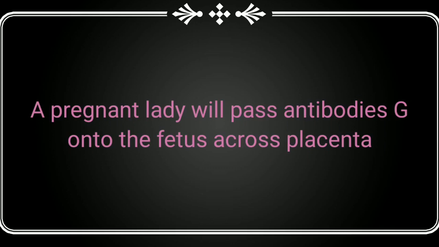And one very important thing, if a pregnant woman, a lady who's pregnant, has developed COVID-19 infection and has been successfully managed by the production of the immunoglobulins, especially the immunoglobulin G, by her immune system, then this immunoglobulin G can be or will get transmitted to the infant to protect the child.